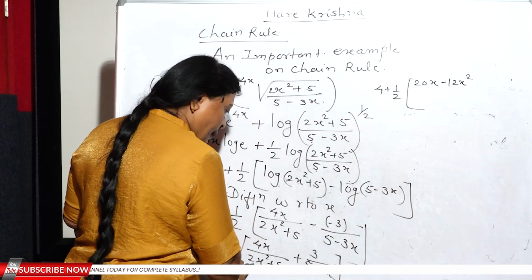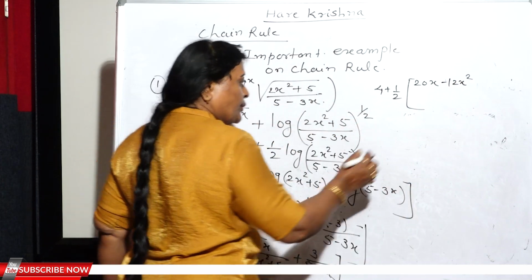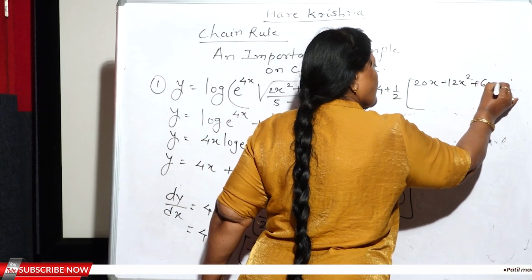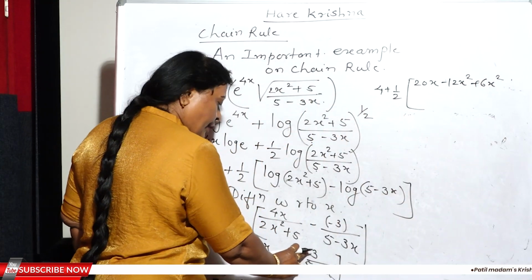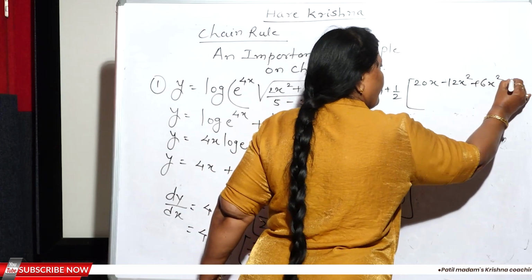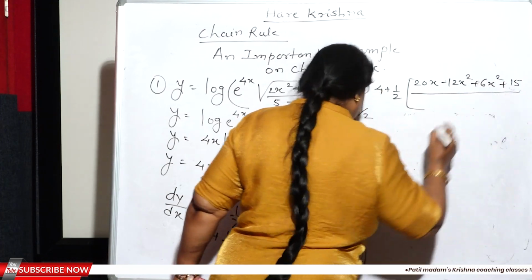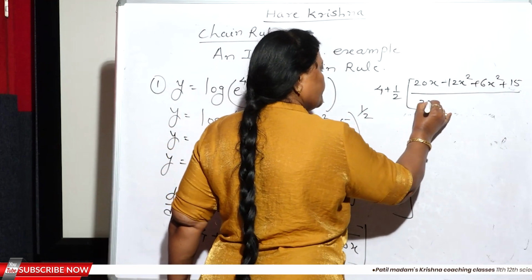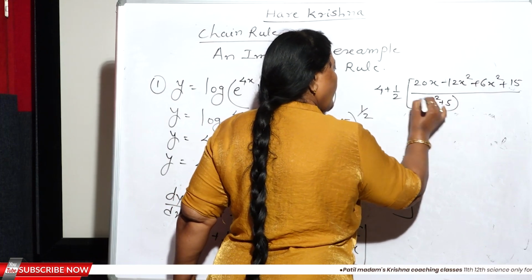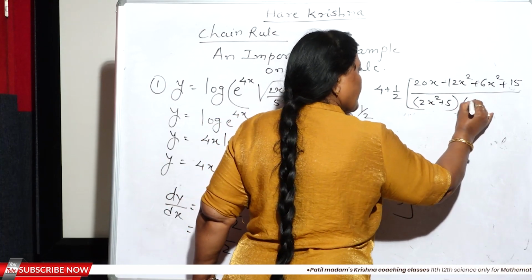Again here also you can multiply. 2x square into 3 you can write as 6x square. And again 3 into 5 you can write as 15. Divided by 2x square plus 5 into 5 minus 3x.